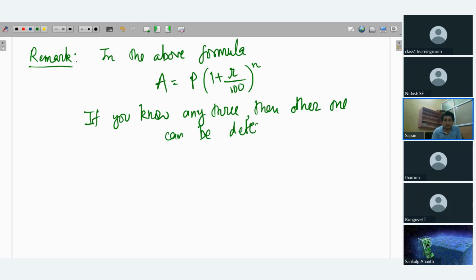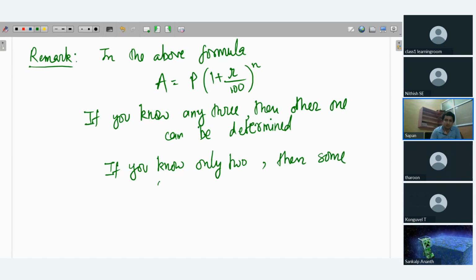Simple, no? But if you know only 2, the remaining 2 are not known. In that case, you have to have certain additional information. Like two-variable linear equations, if you know only 2, then some common sense plus additional information is required.